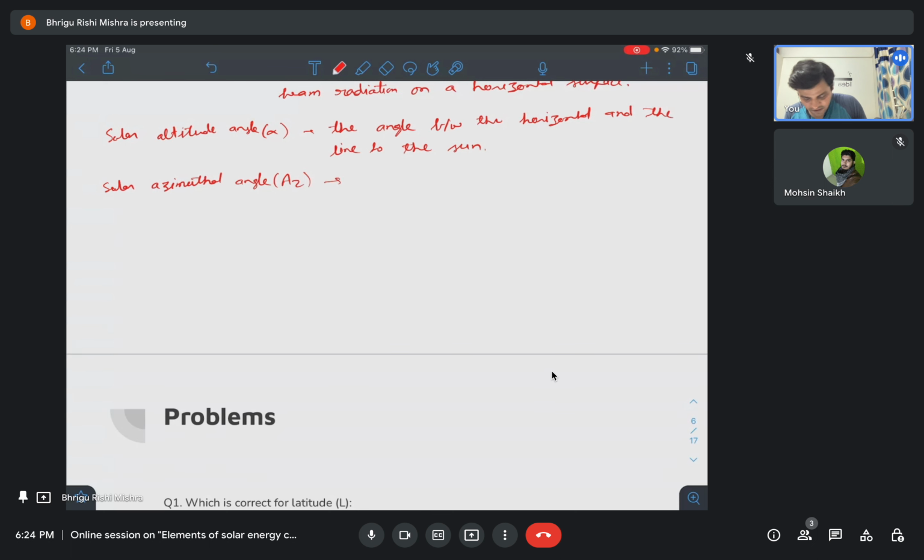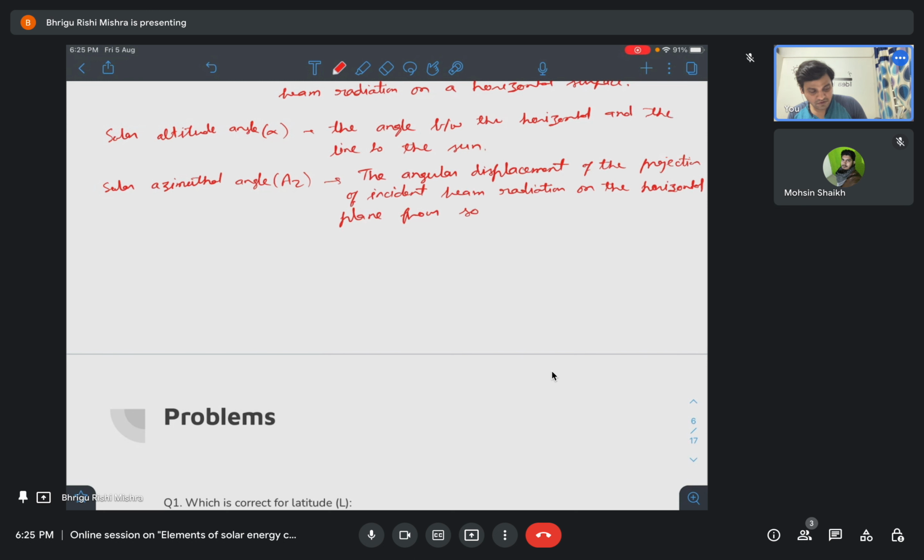The definition is the angular displacement from south of the projection of incident beam radiation on the horizontal plane.